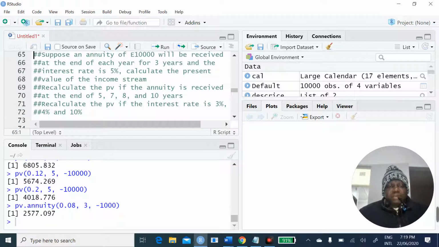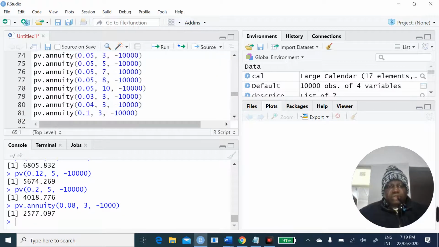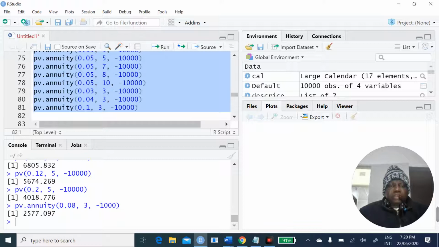In this case, we'll be changing the years without changing the percentage. Then we calculate the PV if the interest rate is 3%. In this case, the year remains 3, then we keep changing the interest rates. Very simple. It's just what we have here. So let's run everything.